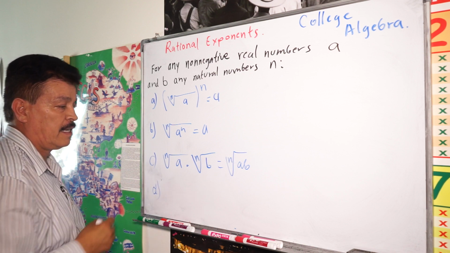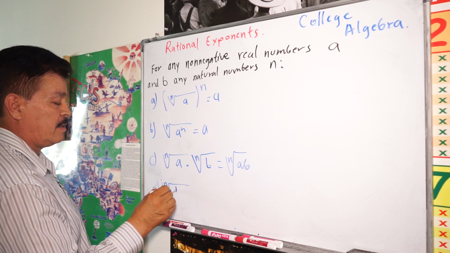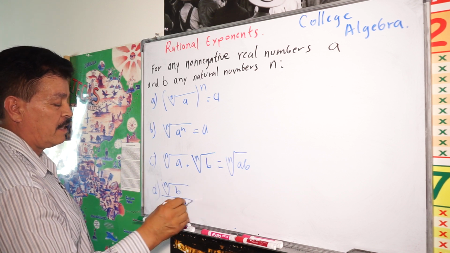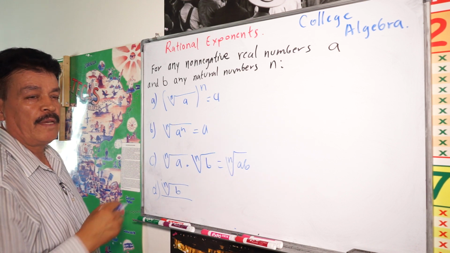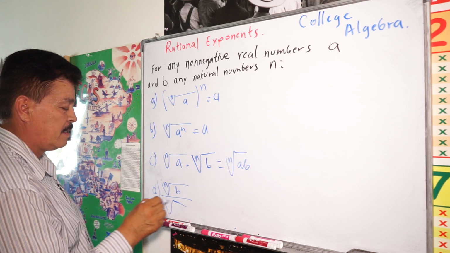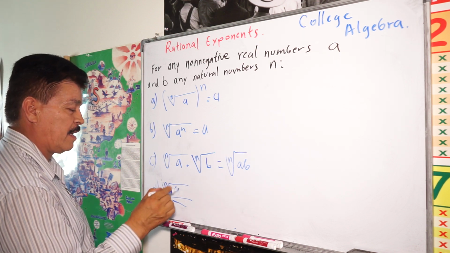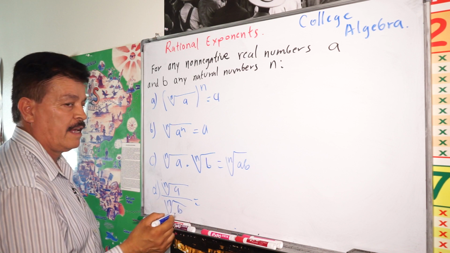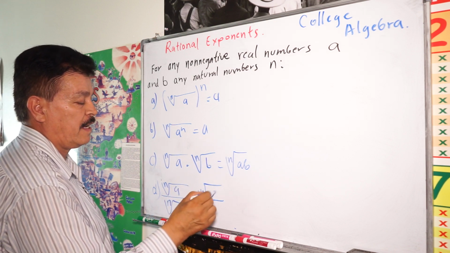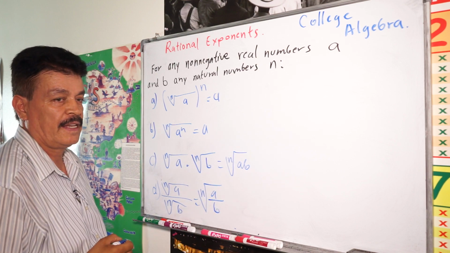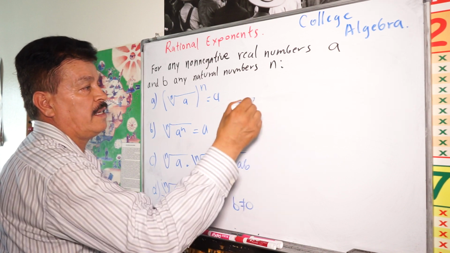There is another rule. When you divide the radical n of a by the radical n of b, it is the same thing: this equals the radical n of a divided by b, when b is different from 0.